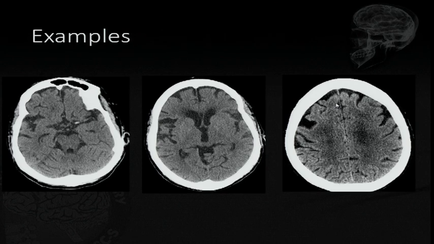And these are some examples. You see a hyperdense MCA here on the left. These are 10: caudate, lentiform, insular, internal capsule, or 4 deep structures, 3 MCA cortex lateral to that, and 3 MCA cortex above that.